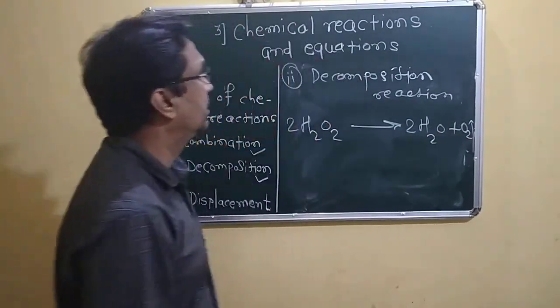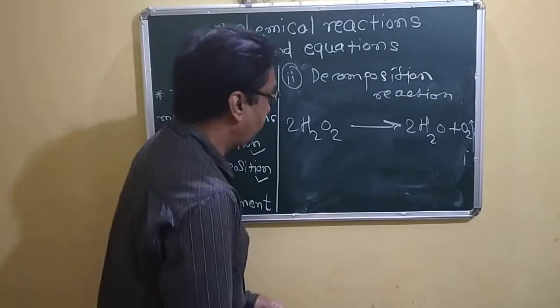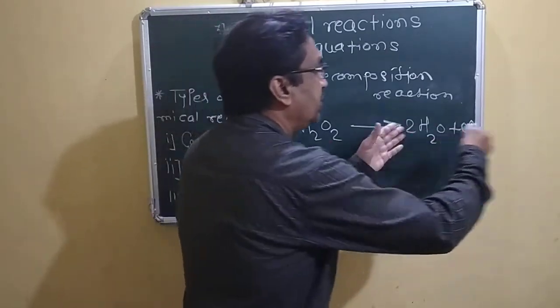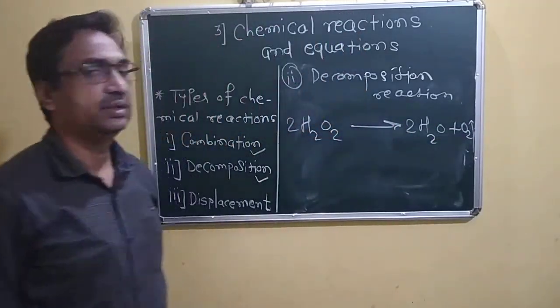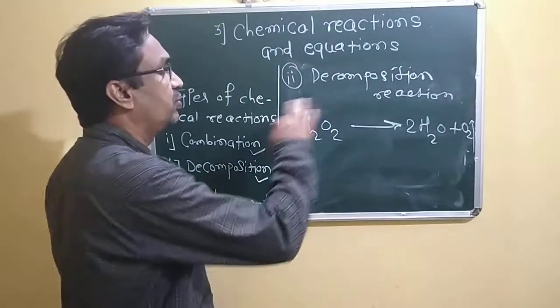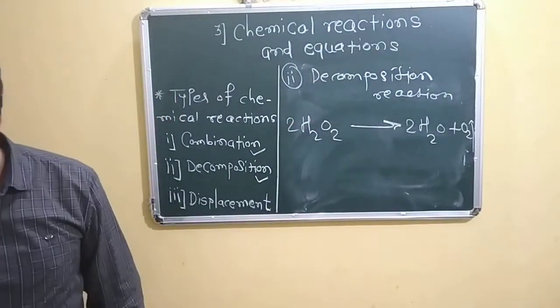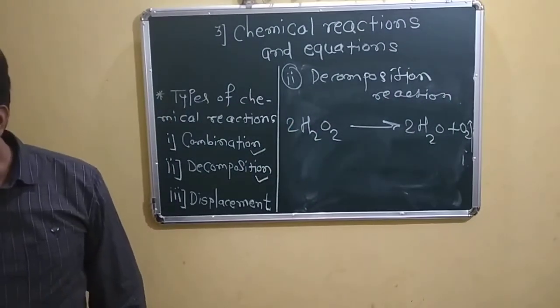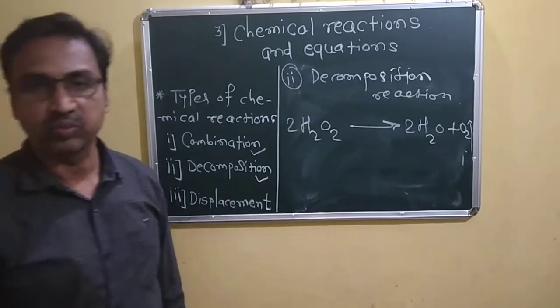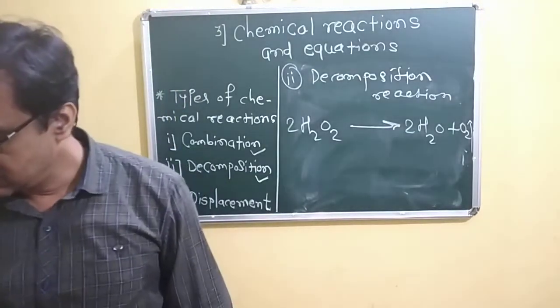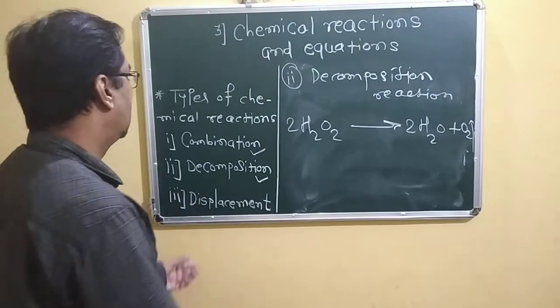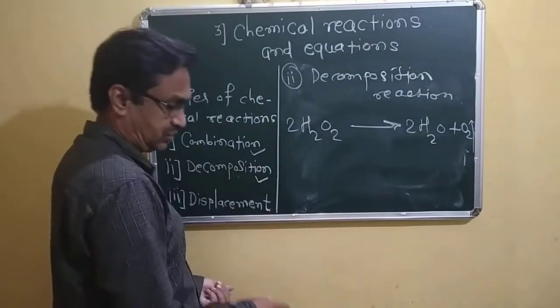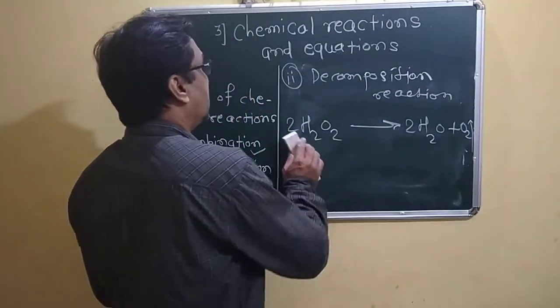So in this way, from one reactant we can form two different products, and this type of reaction is called a decomposition reaction. A chemical reaction in which two or more products are formed from a single reactant is called a decomposition reaction. I think you have understood this.